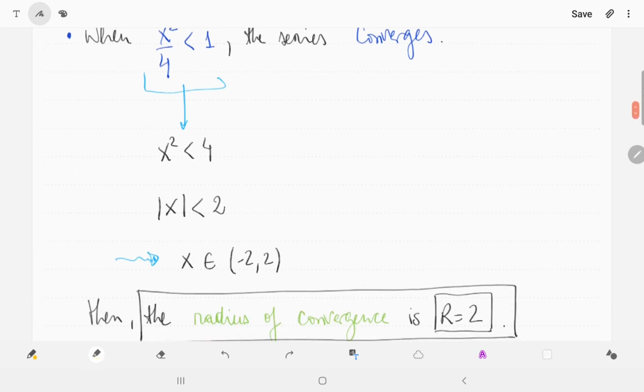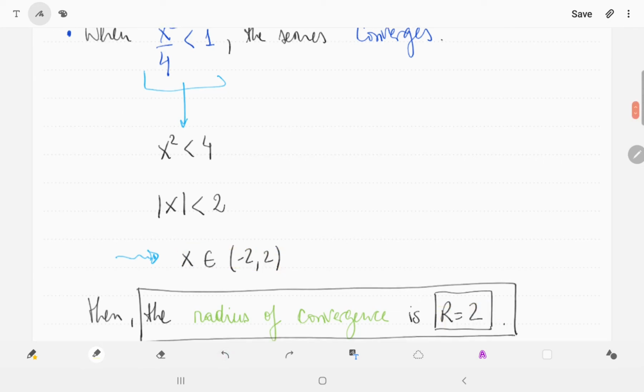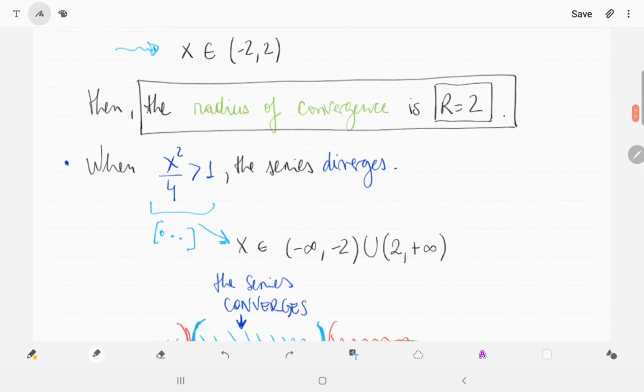Now we see the interval here. If we solve this inequality, it is exactly this. So with this information, we already know the radius of convergence is 2. Then if this is greater than 1, the series diverges.